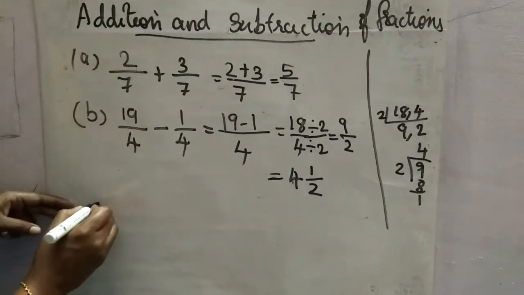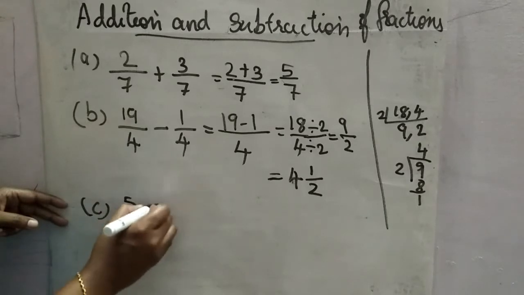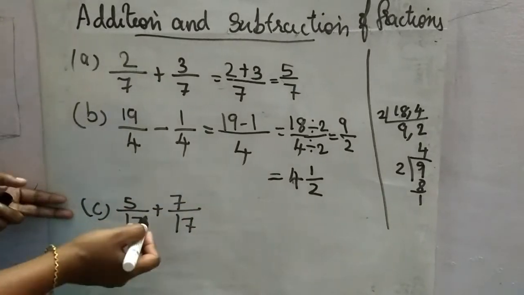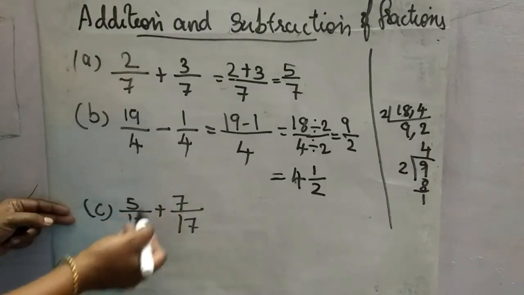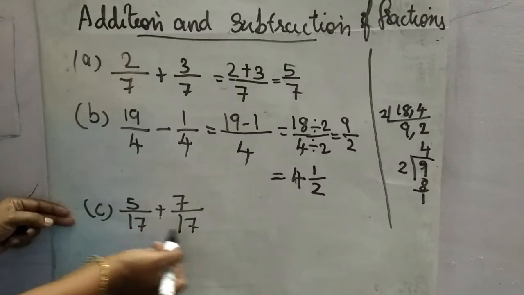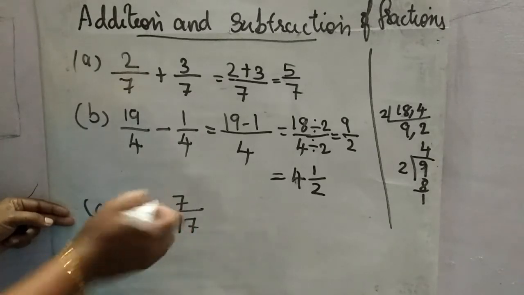So, the next question. 5 by 17 plus 7 by 17. Which operation do you want to do here? Yes, it is addition. And check whether the denominators are the same or not. Yes, they are the same.